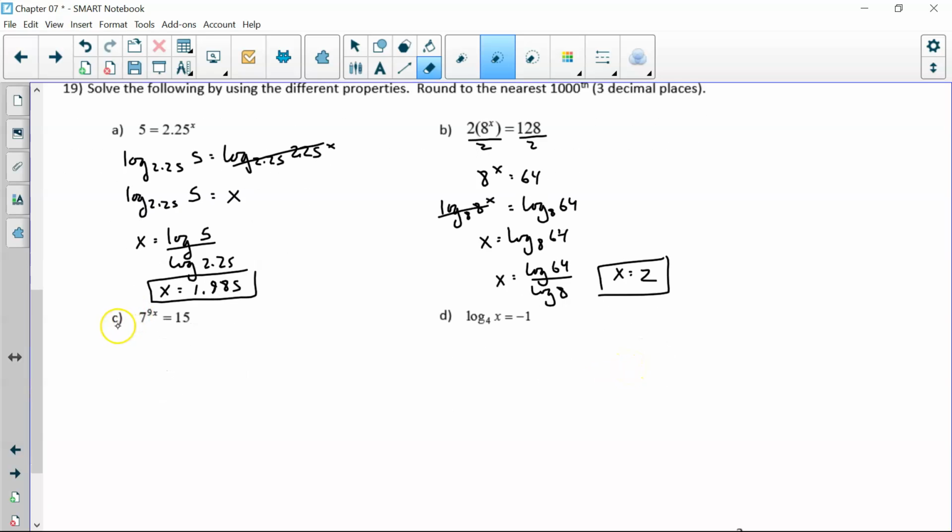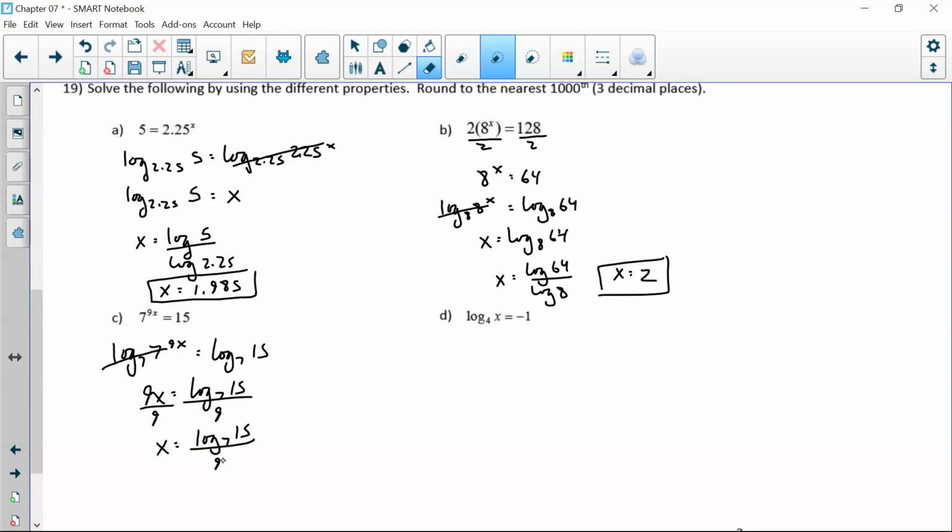Since the base for C is 7, we can take the log base 7 of both sides. So we get 9x equals the log base 7 of 15, and then divide both sides by 9. Log base 7 of 15, all divided by 9.